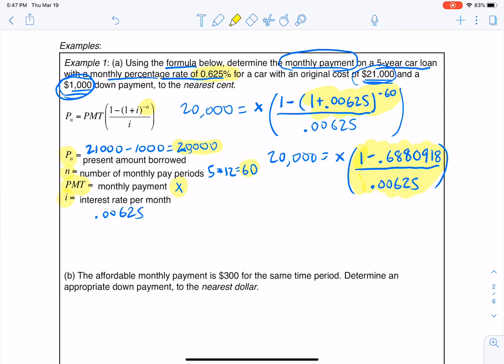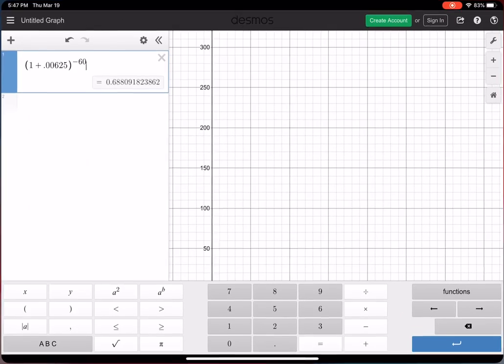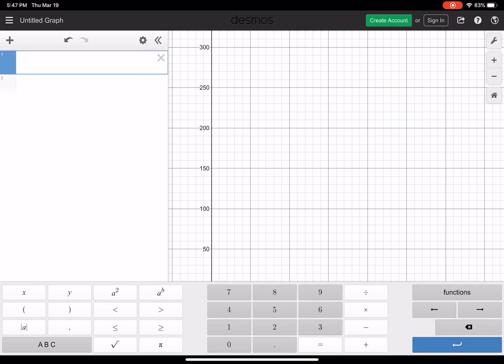So let's go to our calculator. I'm going to put what was on the top of that fraction in parentheses, 1 minus 0.6880918, and I'm going to divide that by 0.00625, and I'll get 49.90553. Let's just write up to the 3.